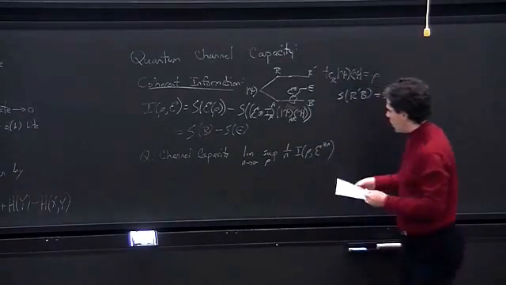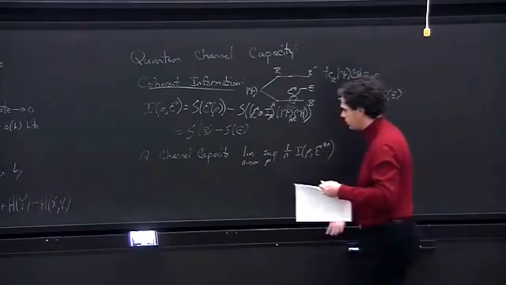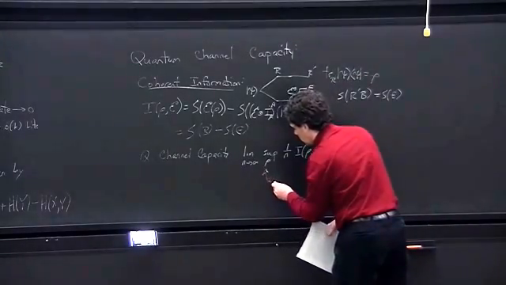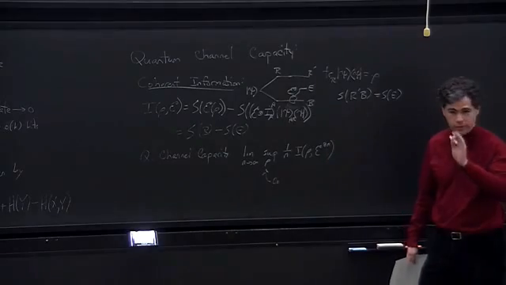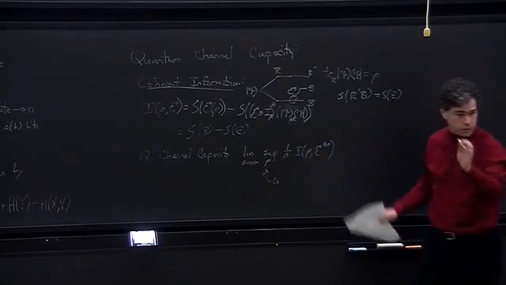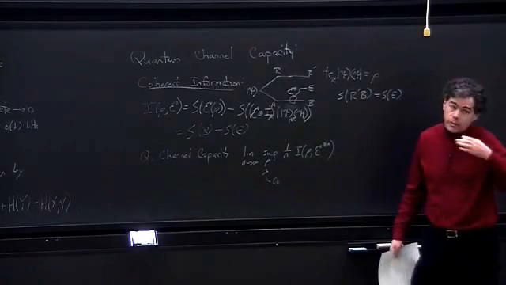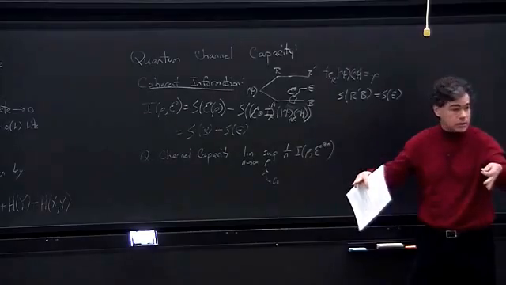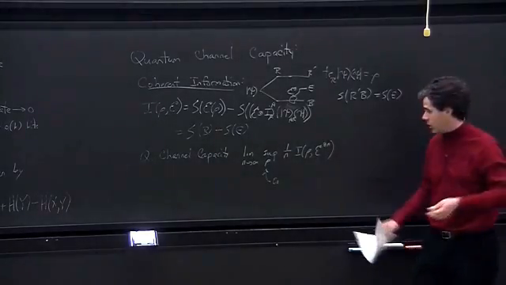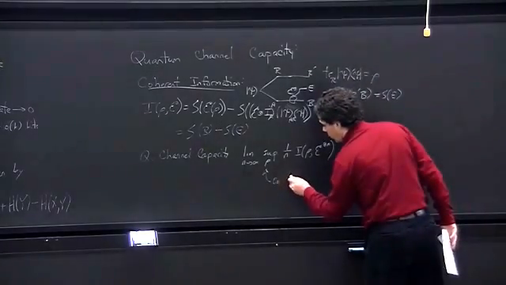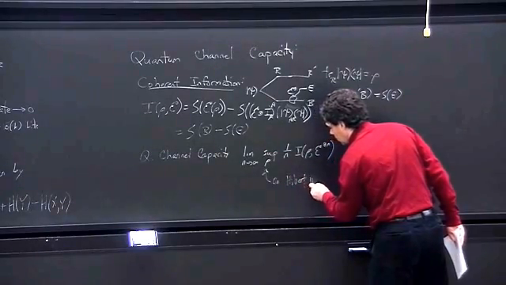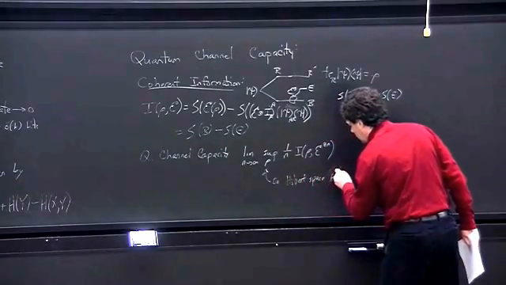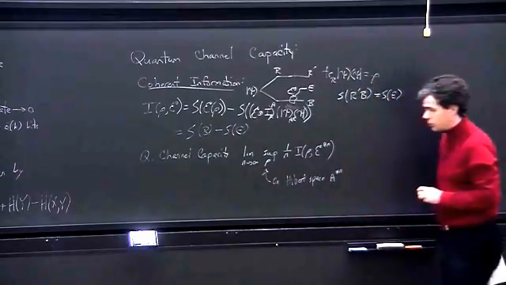So rho here is not a state of one use of the system that you're sending through the channel. It's a state, possibly an entangled state, of many uses of the channel. So it's on the Hilbert space A tensored n times. Okay?